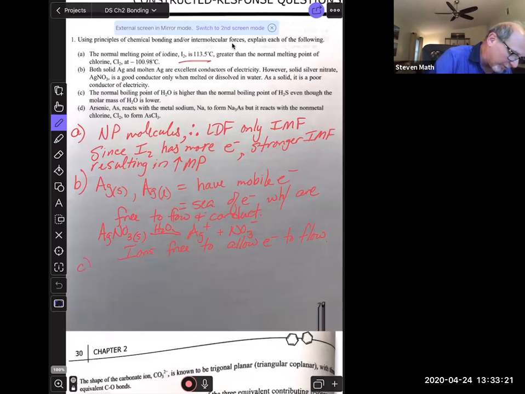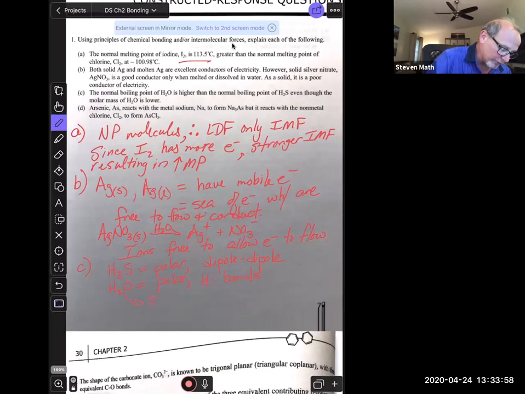Now let's look at C. We're going back to IMF. C wants to know, we're going to compare H2O to H2S. This is going to be very straightforward. H2S is going to be polar. It's going to have dipole-dipole forces, but we all know that H2O is also polar, but more polar, and it's going to have dipole-dipoles and hydrogen bonds.